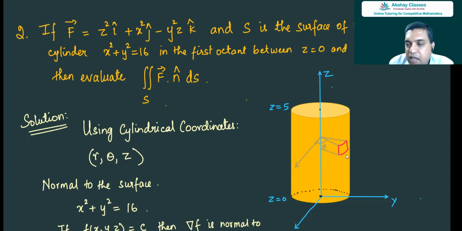Now this particular length will be d theta, so this length is r d theta. And this particular height here will be dz.